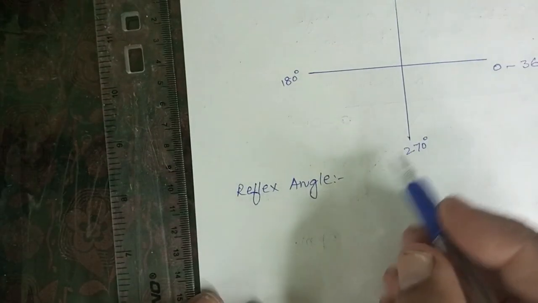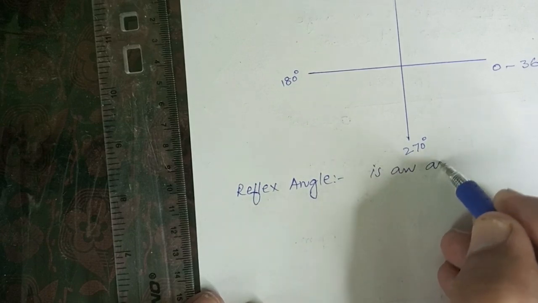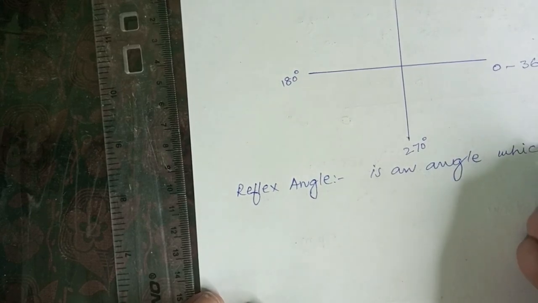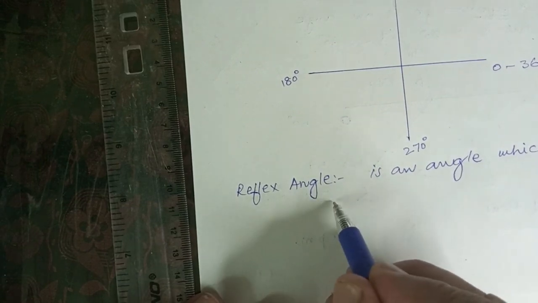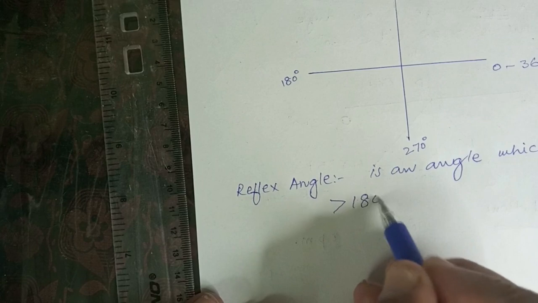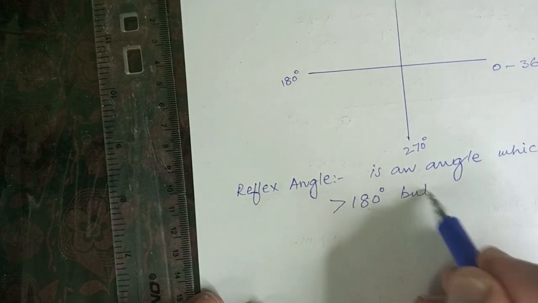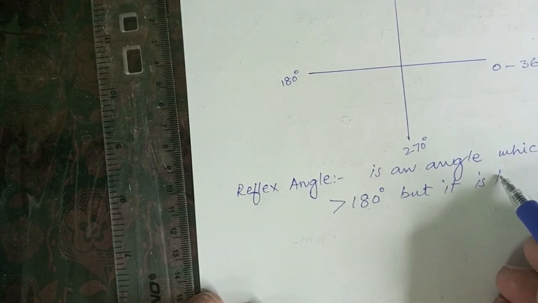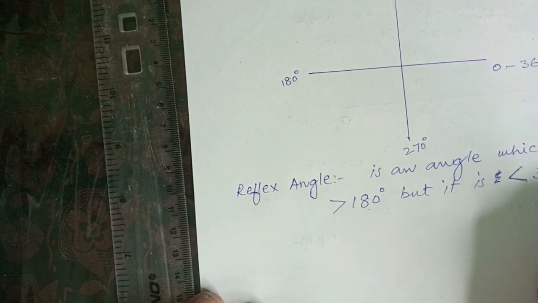Now, a reflex angle is an angle which is greater than 180 degrees but less than 360 degrees.